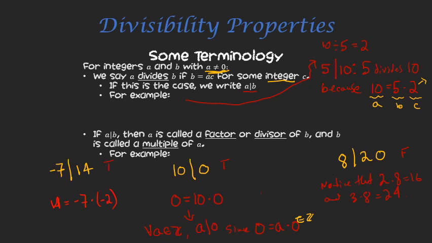Now, since 20 is between 16 and 24, and I only did a one integer gap here, we sort of skipped over 20, which means I won't be able to find an integer c such that 8 times c equals 20. So there are no integers c such that 8 times c equals 20. Right? The integer would have to be between 2 and 3, and that's impossible.